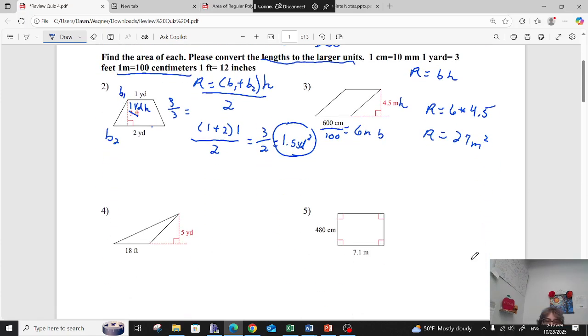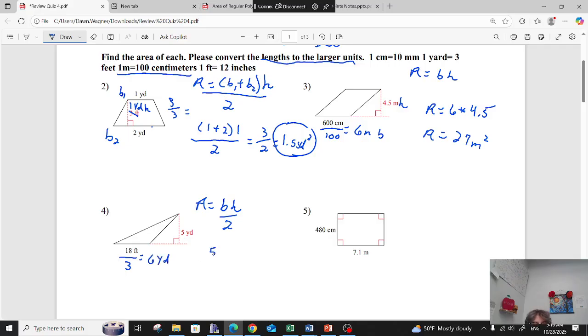What shape is this one? Triangle. The formula for triangle is base times height divided by 2. But I got to get this in yards here. So if I have 18 feet, how do I change this to yards? Divide by 3. So that would equal 6 yards.